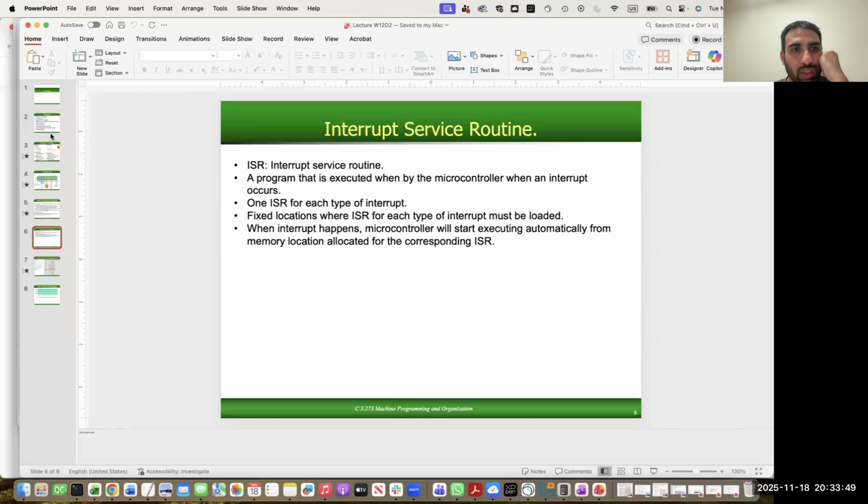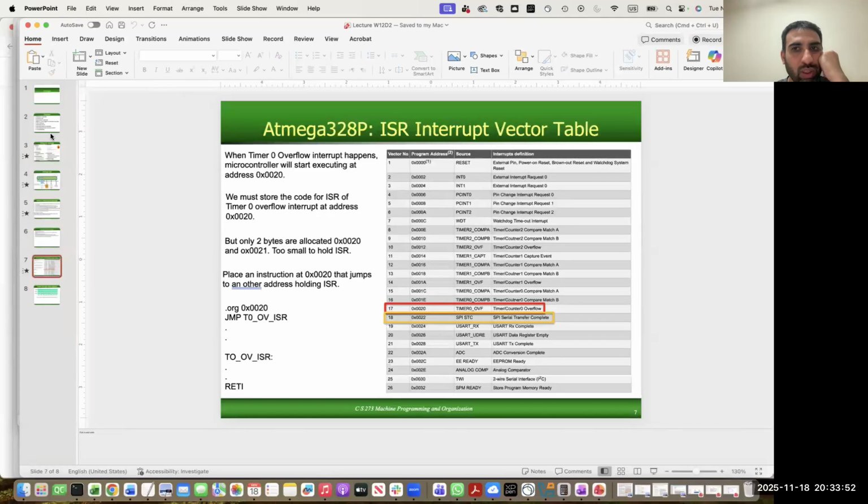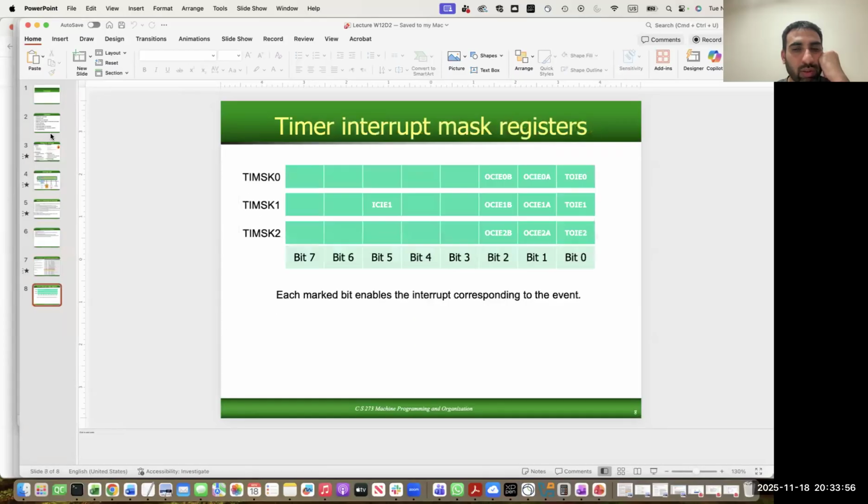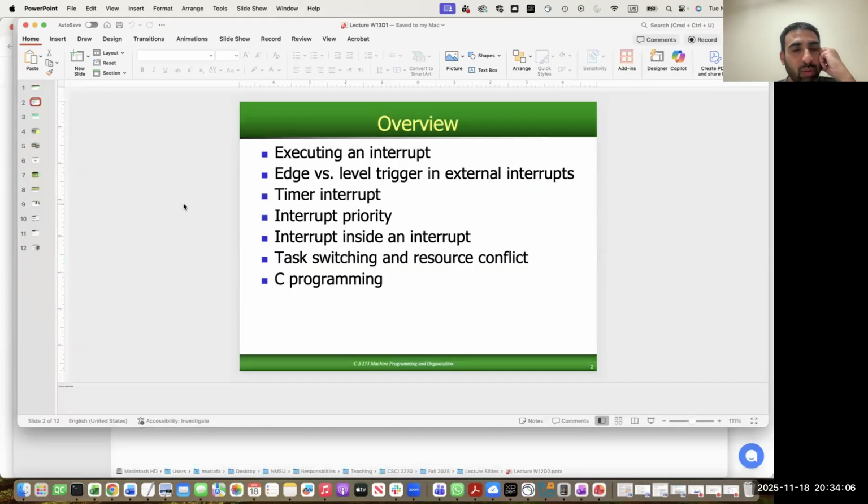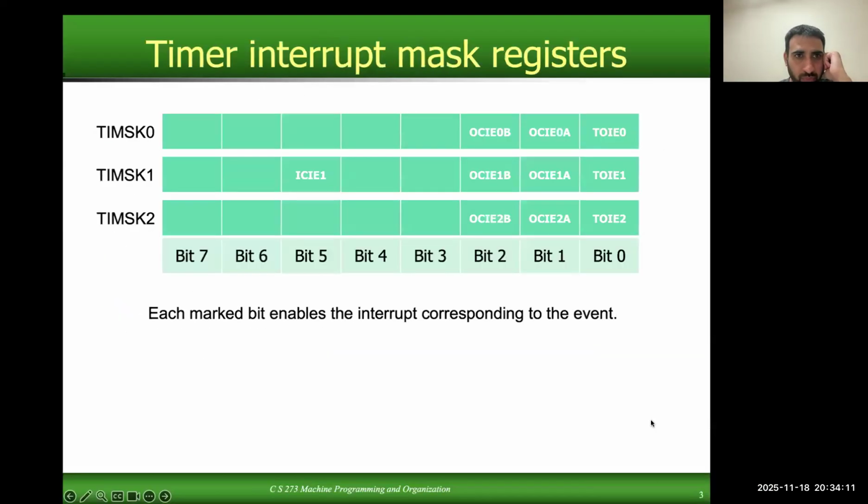We talked about what is an interrupt service routine, and we also covered the discussion about the interrupt vector table. And then we started talking about timer interrupts at Mega 328P, but we were not able to complete that. So we'll continue from that point today.